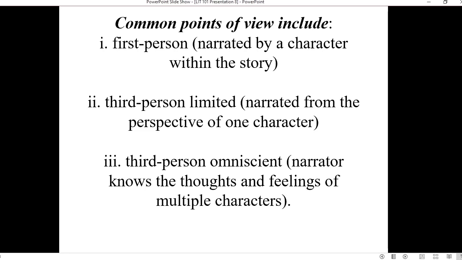The second one is third person limited narrative technique or point of view. In this case, the narrator is not part of the story, but he narrates the story from the angle of one of the characters in the story.